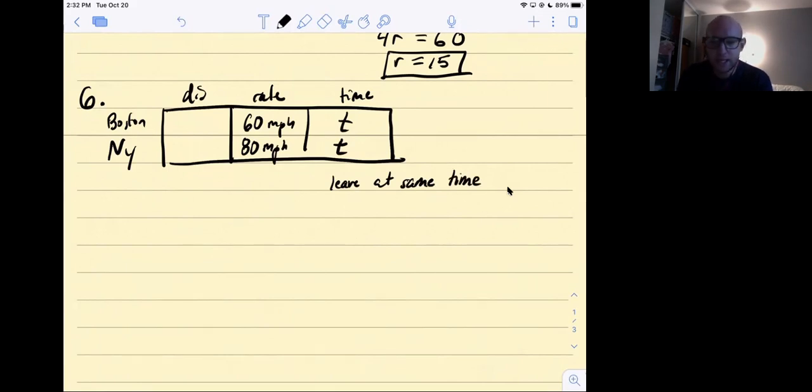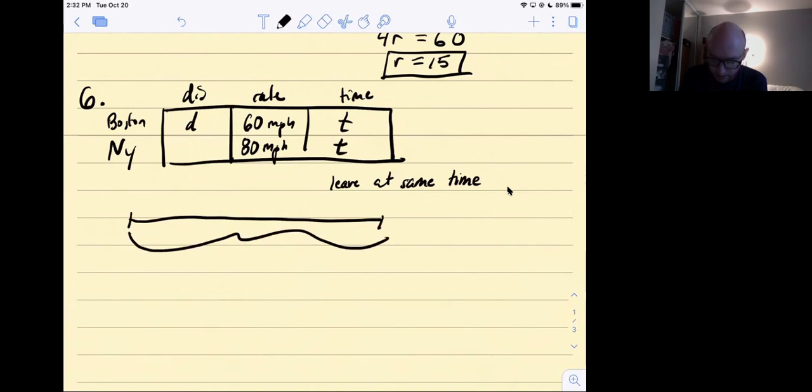Okay, and then the distance would be, one of them is d, and can anyone suggest, if we're looking at when they meet, this is different from a round trip problem. So how can we set it up if we're looking to find out where they meet?